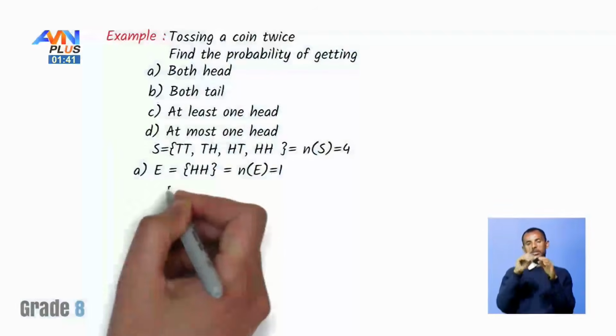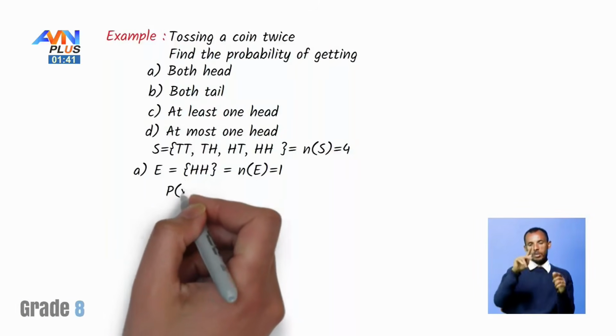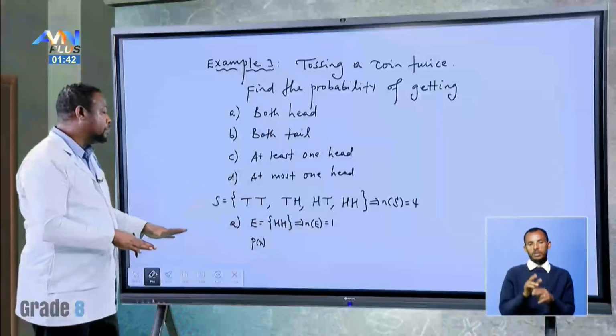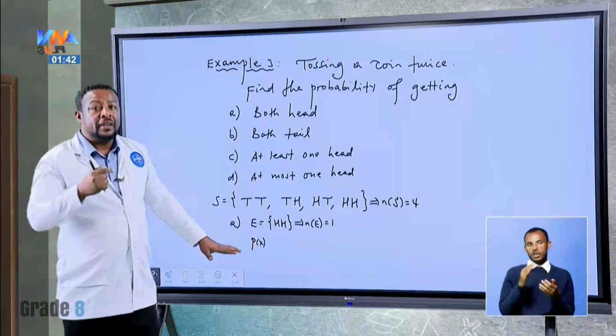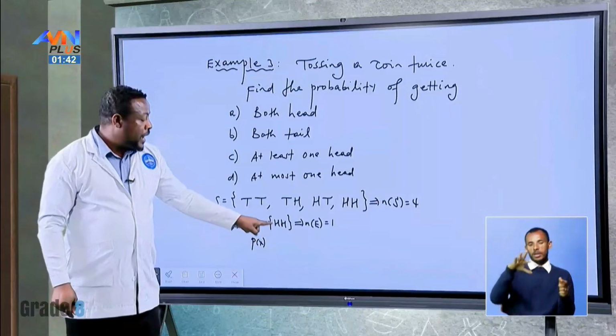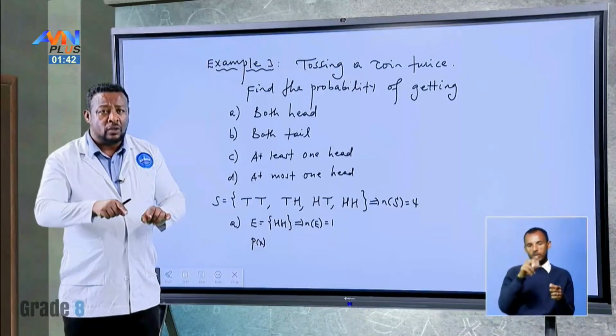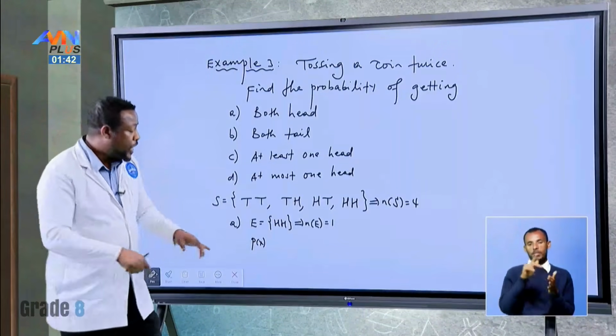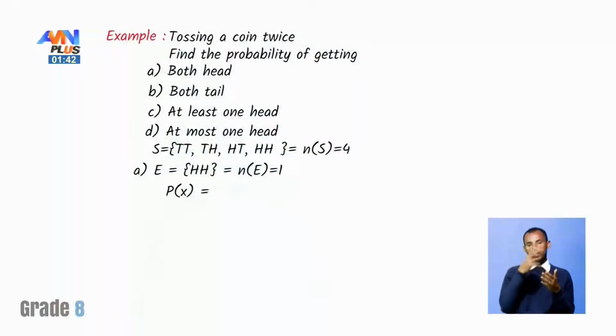Just to make it short, you can say P of X. Here, P of X refers to the probability of getting HH, or you can make it P of HH. So in this case, the probability of getting both heads will be 1 over 4.